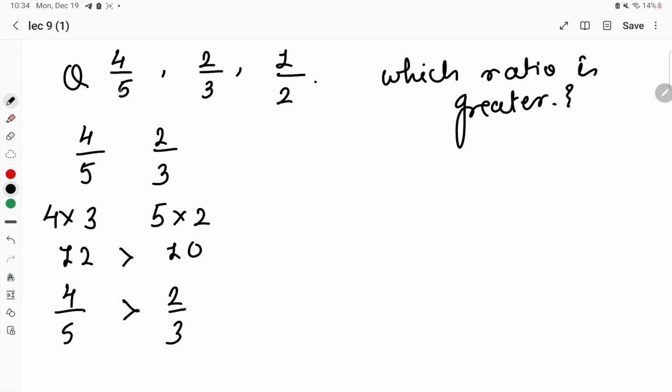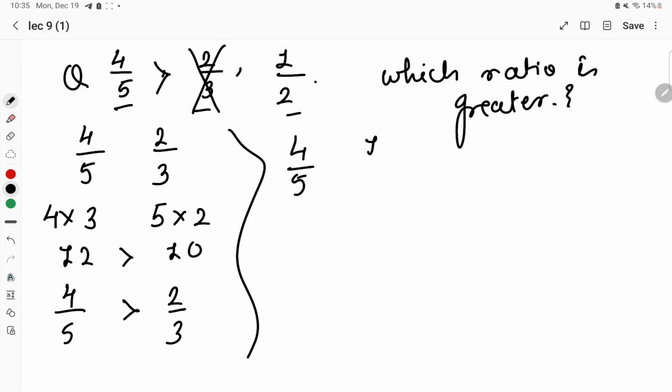Now from these three we can clearly see that this one is greater than this one, so this one is eliminated here. Okay, so the second comparison is between 4 by 5 and 1 by 2. Take the comparison between the left two ratios. So 4 into 2 is the cross product, 5 into 1 is the cross product. 4 2s are 8, 5 1s are 5.